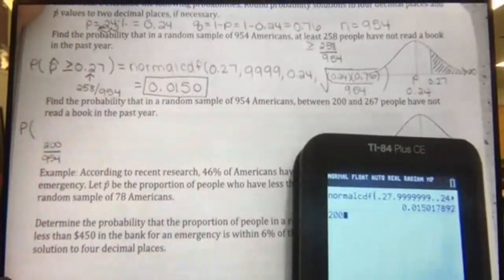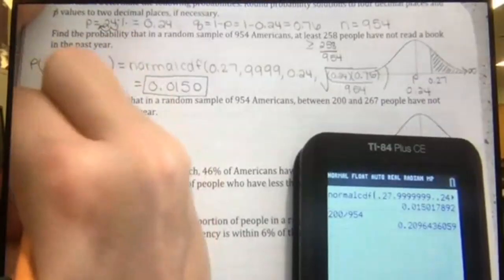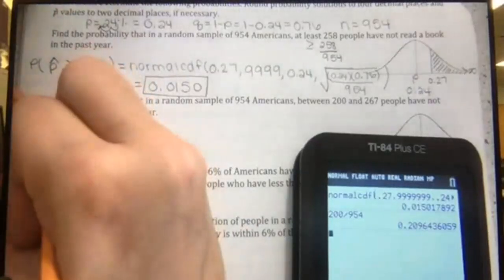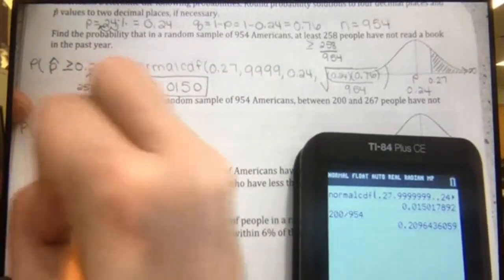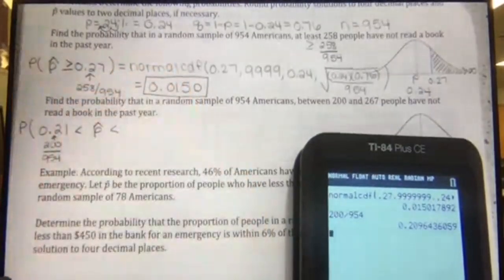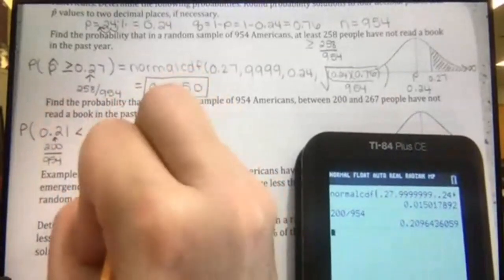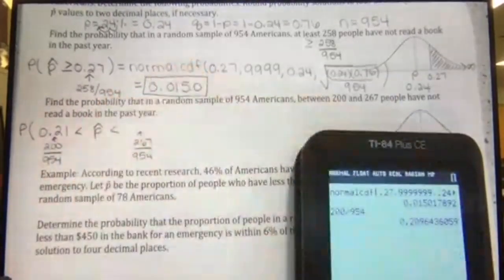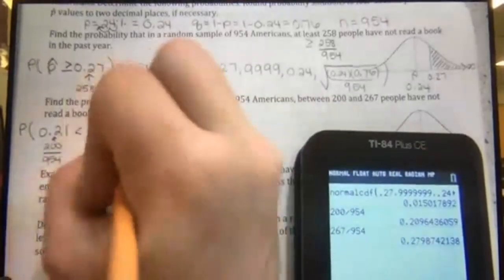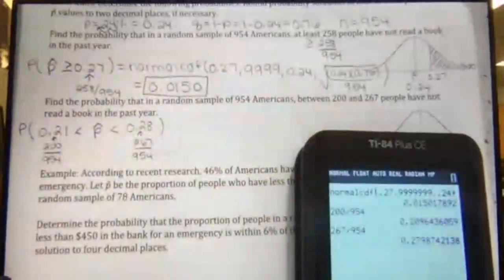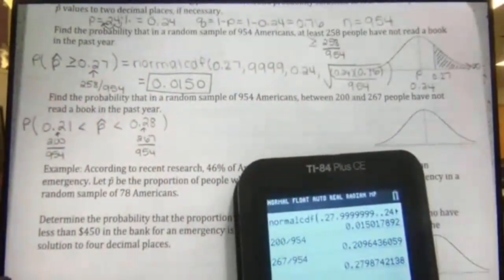So 200 divided by 954 would give us our lower p hat, which is 0.209, so 0.21, and in between p hat being 267 out of that 954. And we get 0.279, so 0.28. So we're looking for the probability that our p hat's between 0.21 and 0.28. Same thing, they just gave us one extra little baby step of finding the percentages on our own.